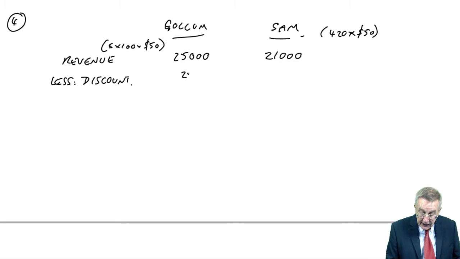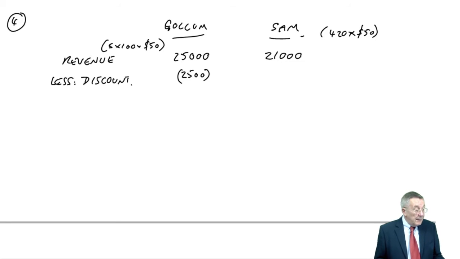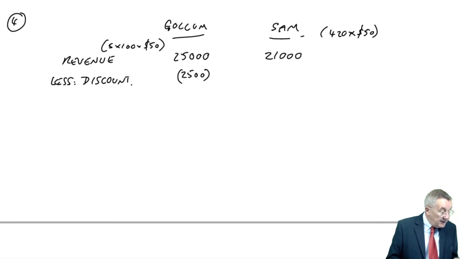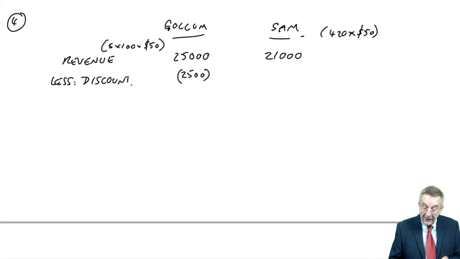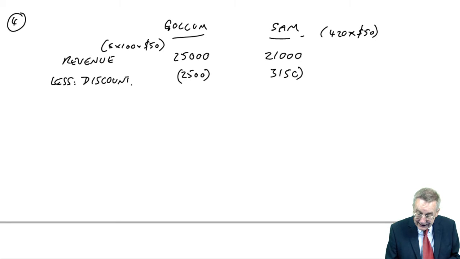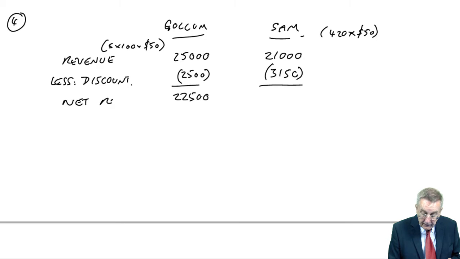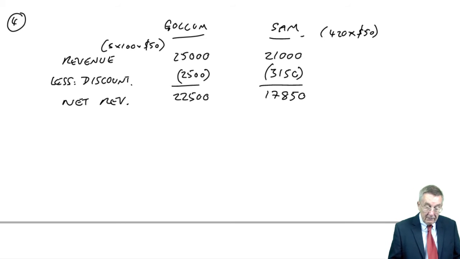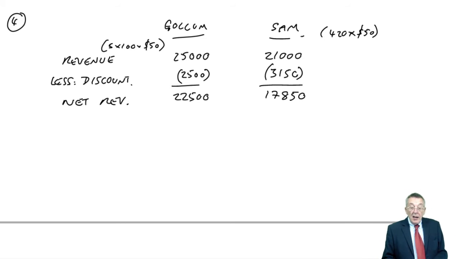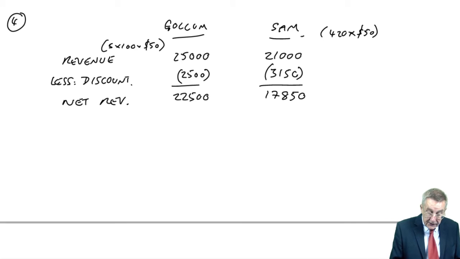So a 10% discount would be 2,500. Whereas Sam gets a 15% discount, 3,150. And so we've got net revenue 22,500 for Gollum, and for Sam 17,850. Off of that, subtract the cost of goods sold.